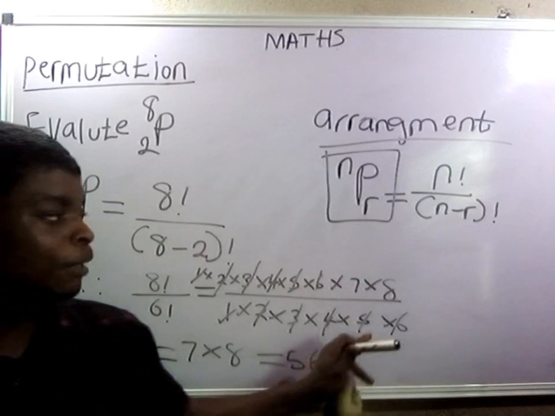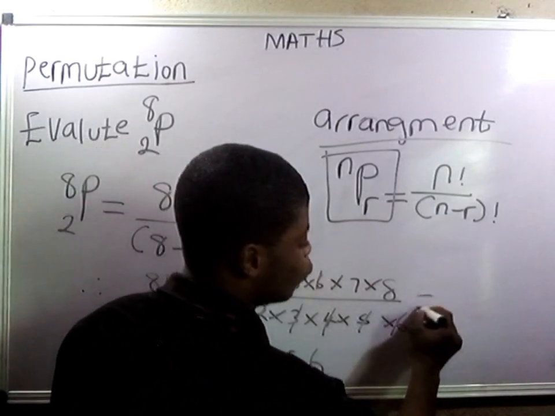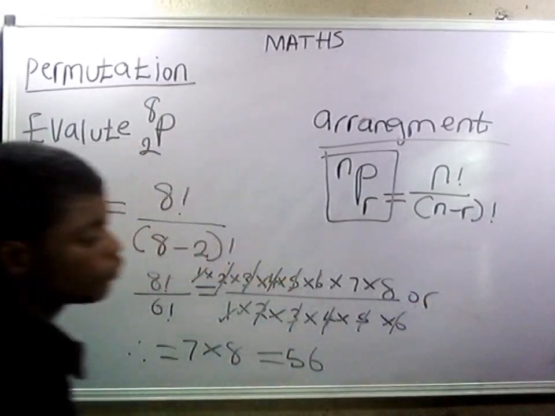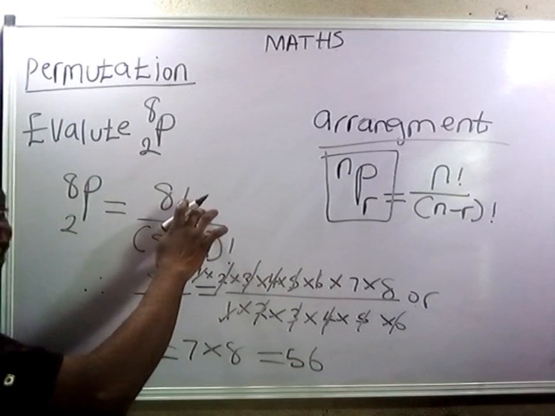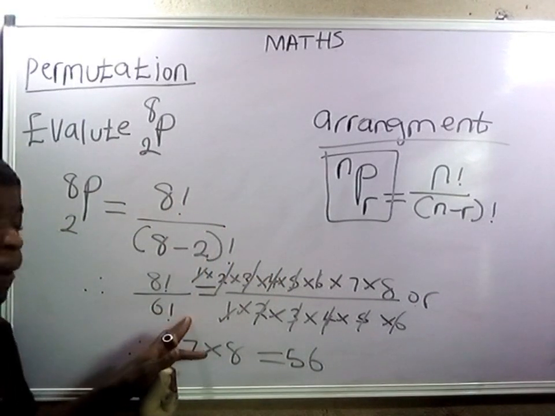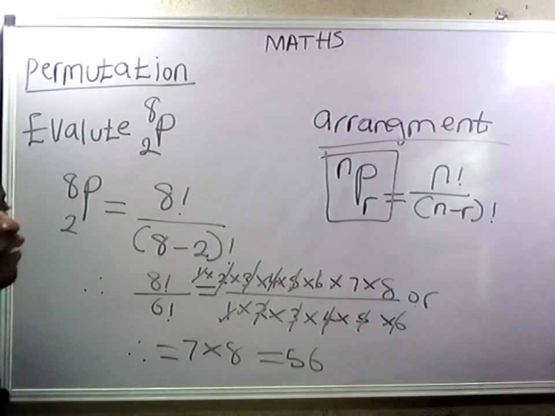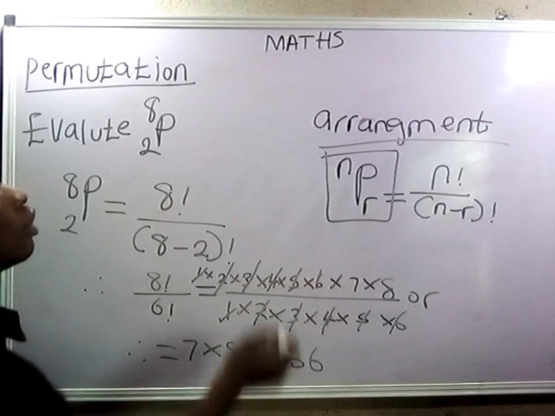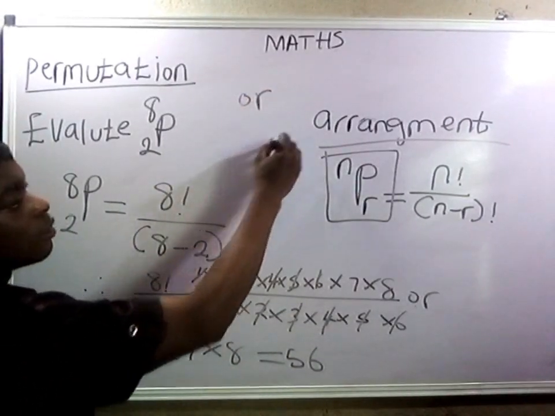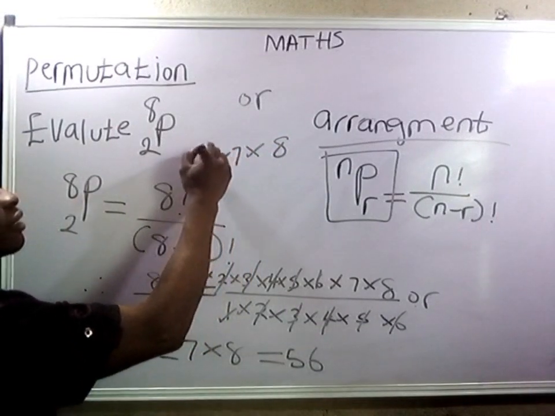There's another way of solving this. When you get to this place, let me give you another way, which is easier with time. When you have 8 factorial and you have 6 factorial below, you expand 8 factorial only down to 6. So we write 8 times 7 times 6 factorial.